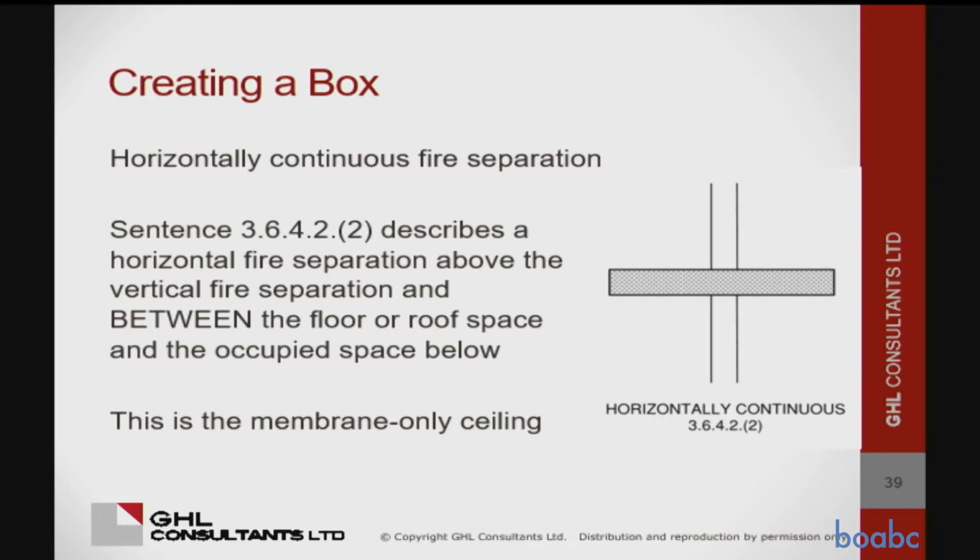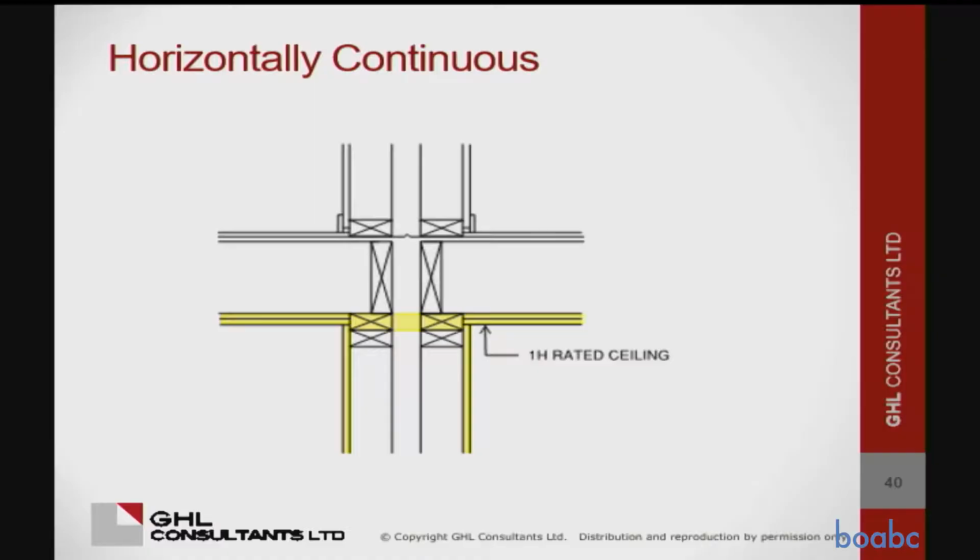And that's how everybody gets all excited. It's a membrane-only ceiling. You can't count the joists. There's a whole bunch of discussion around that. So basically, the fire rating is the yellow. It goes across the ceiling, and the floor or the wall butts up to it.